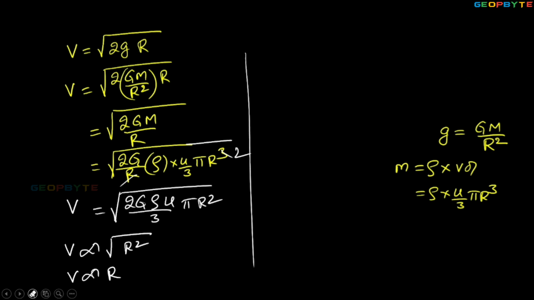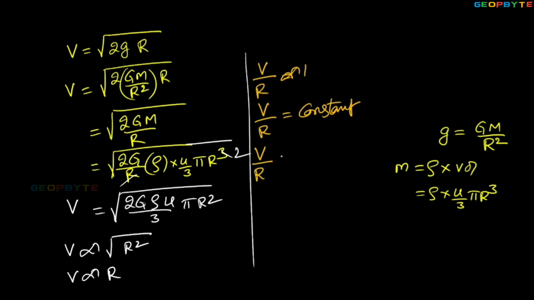From this, I can write that escape velocity divided by R remains constant. That means escape velocity from the surface of the Earth divided by radius of the Earth equals escape velocity from the planet divided by radius of the planet.